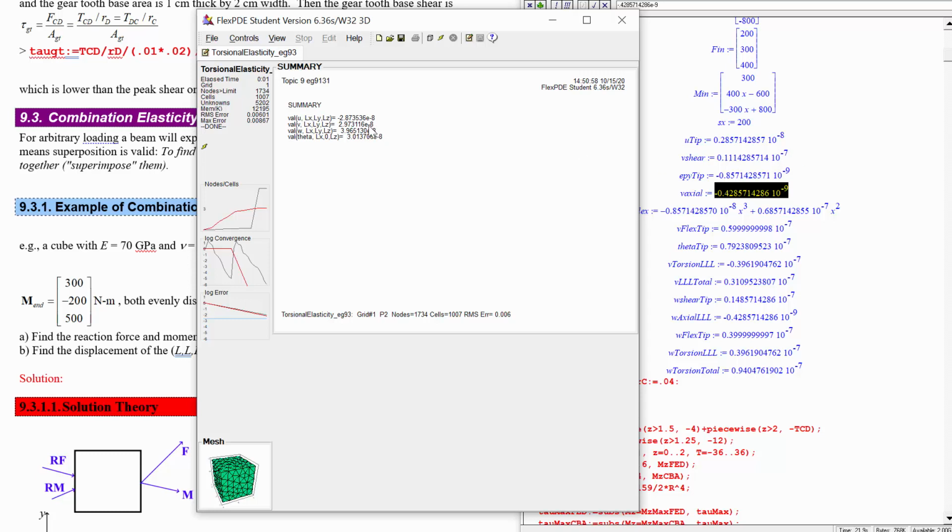We got triple that because it's not in pure shear, right? So as before, when we allow it to bend from that shear force that we're putting on the end, we get more displacement than we would have otherwise. Okay, and same thing in W, no doubt. Yeah, W shear tip is not nearly as large as this W displacement we're getting.